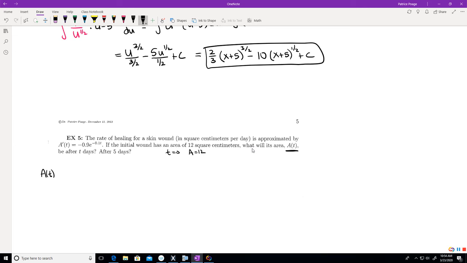We can find the original function by taking the antiderivative of the derivative. So I'm going to be integrating negative 0.9 e to the negative 0.1 t with respect to time. Now this actually is not even a U-substitution problem. This is from 15.1.